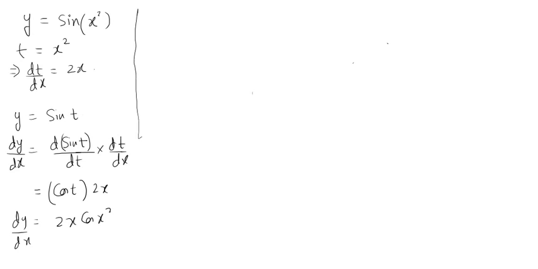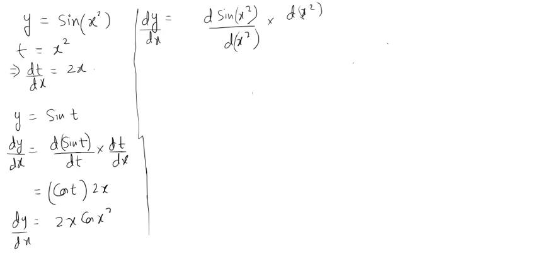Another way of writing the same thing again: dy by dx is equal to d sine x square by d of x square into d of x square by dx.